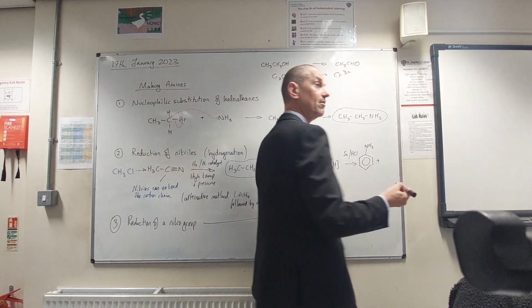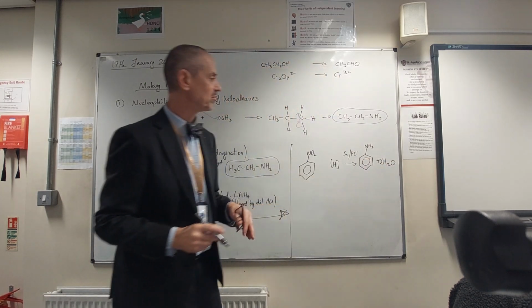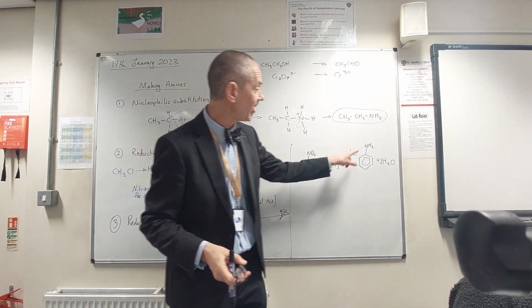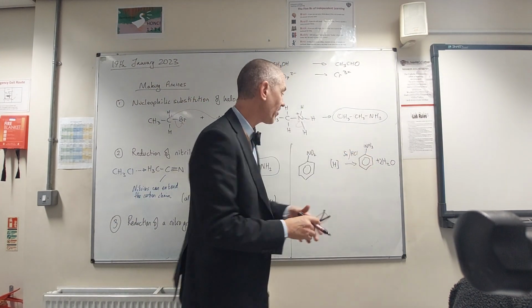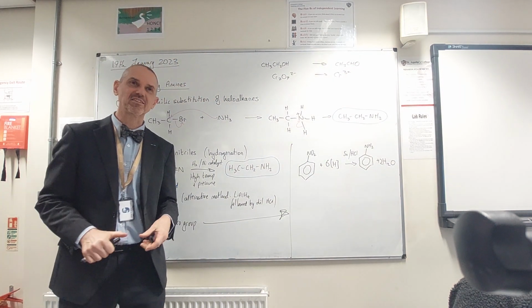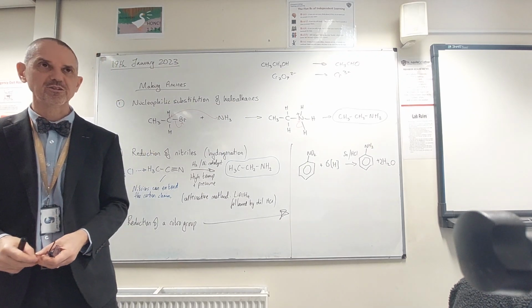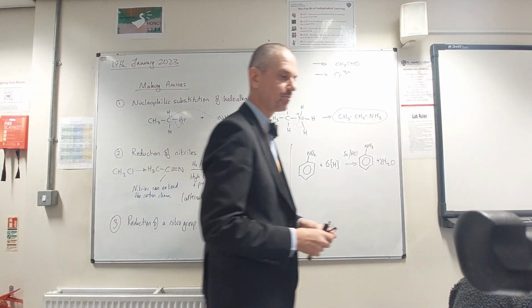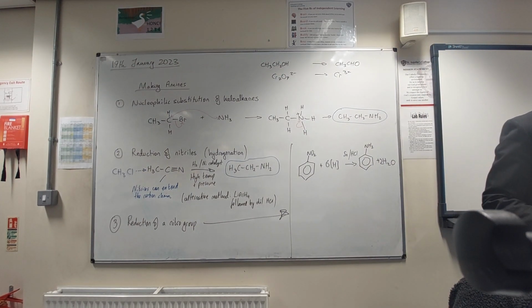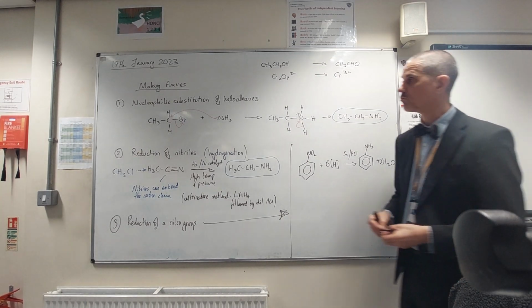Balance oxygens with water. Oh, there's 2 NO2, so I'll need 2 of them. Okay, so number of hydrogens that I actually need. Well, I've got 2 there and 4 there, so I'll need 6 of those. So that counts as a balanced equation for the hydrogenation of NO2. Okay, that's all I want to do right now.